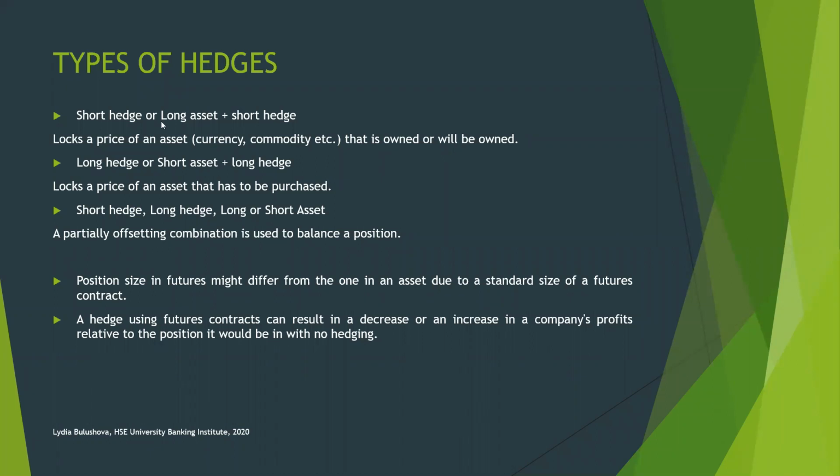A short hedge is a construction built out of a long asset plus a short hedge. Long an asset means that you have an asset, a stock, or a commodity. Short hedge means that you short any futures or forex contract.